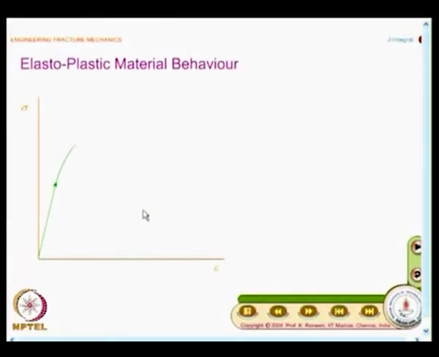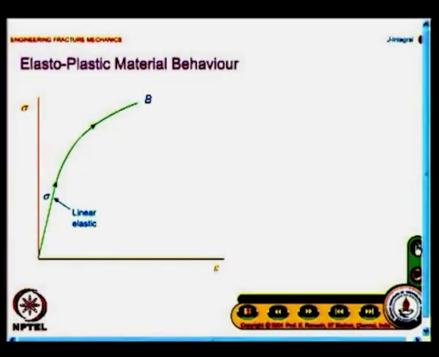You just watch this animation carefully. I have this stress strain curve and this is shown for a nonlinear elastic solid, and up to this there is no problem. This portion is linear elastic and this portion is nonlinear elastic.